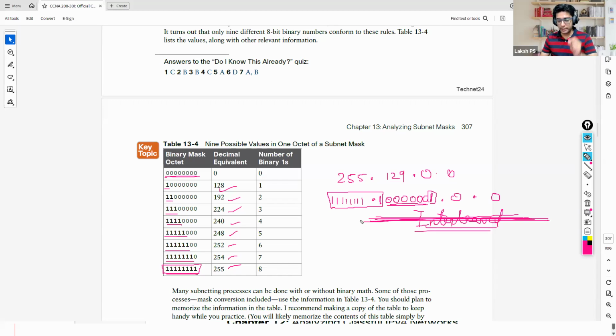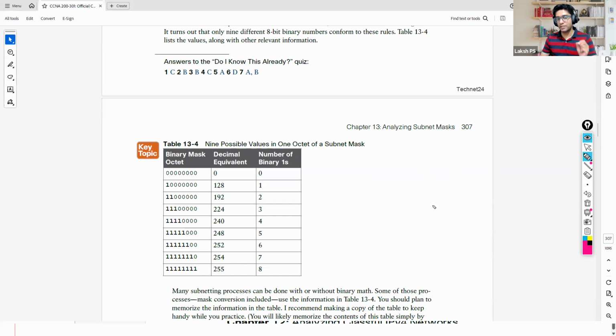So the condition is that you cannot have interleaved ones and zeros in an address mask. That is why the numbers are specifically chosen, where all the ones are on one side and all the zeros are on the other side. And that is why you will always see numbers like 255.255.224.0. So this is all ones, then 224 is three ones and then all zeros.